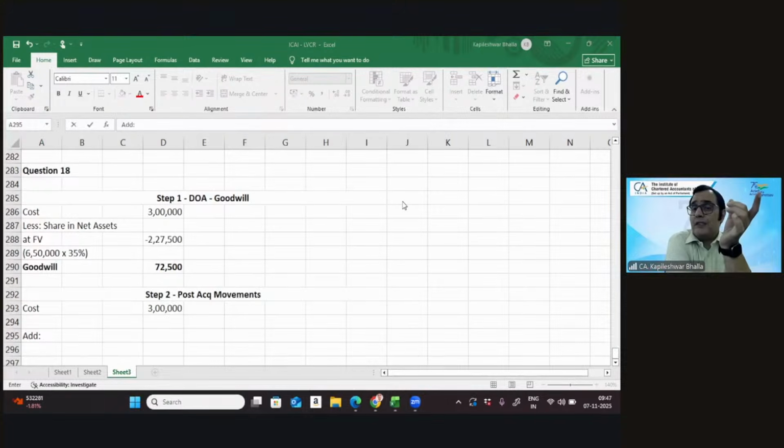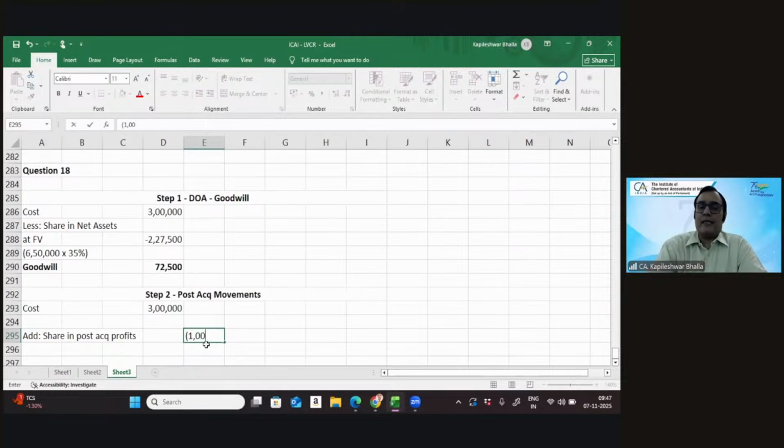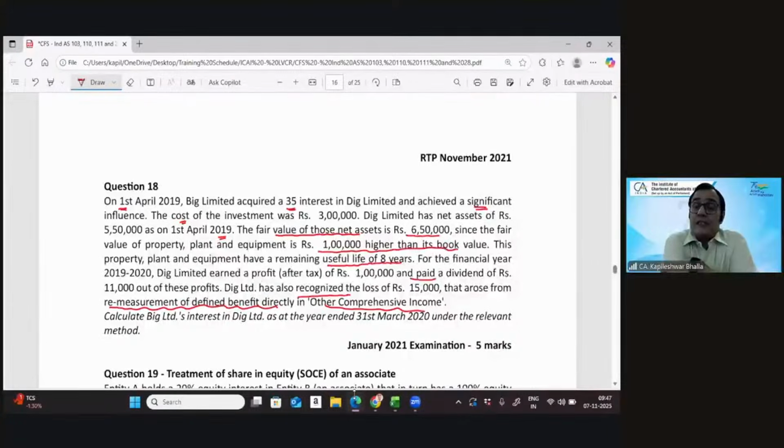And in this particular case, what will be the entry? 35%. That's right. So let's consider add share in post-acquisition profits. I can take this movement in the brackets. This is 1 lakh. Is there anything to be adjusted out of this 1 lakh rupee? The profits earned are 1 lakh, but there was a fair value gain, and the asset life is supposed to be 8 years. So we need an additional depreciation.